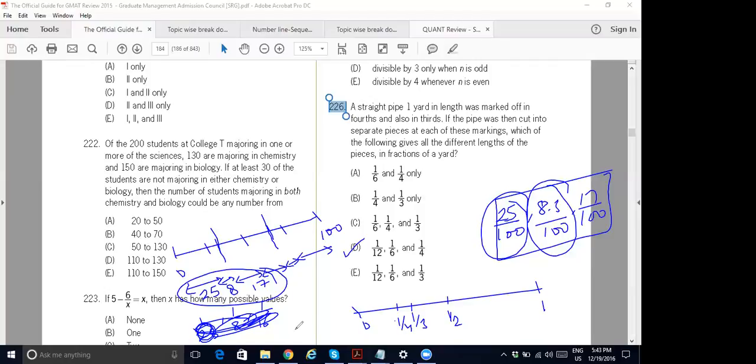Your mind is very much adapted towards natural numbers, integer values. Now, this is probably an easier question. If they give you sevenths and 11ths instead of thirds and fourths, then it will be a lot more difficult.